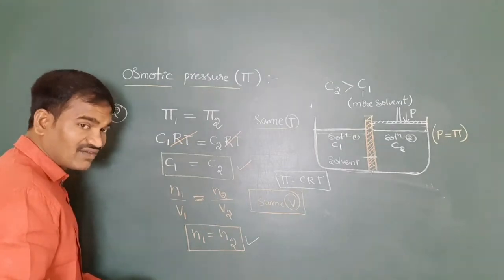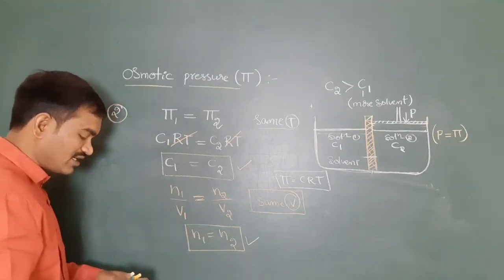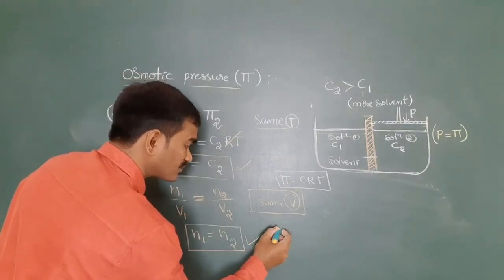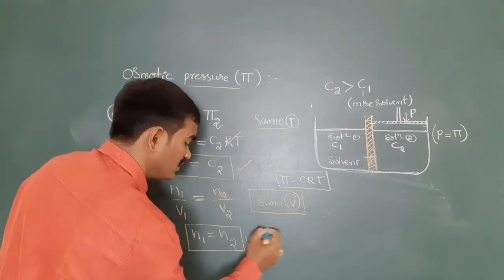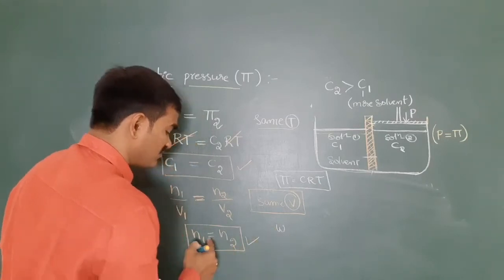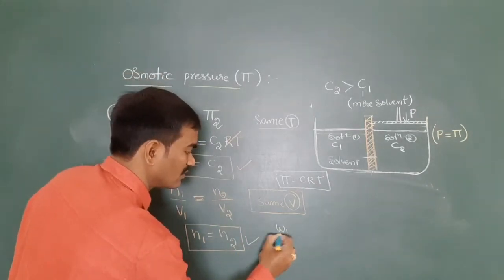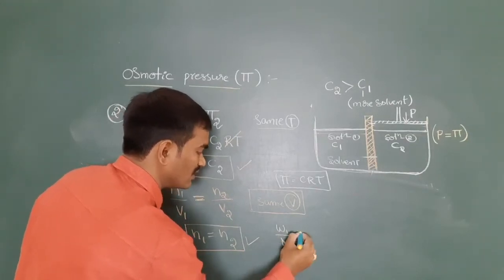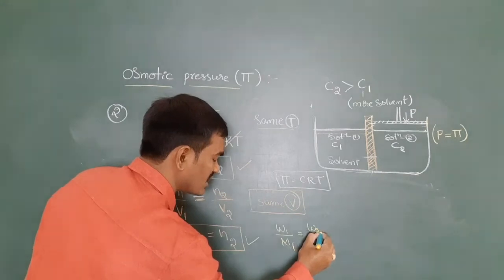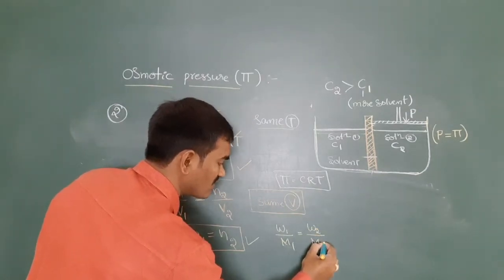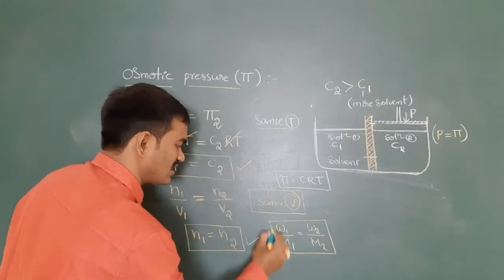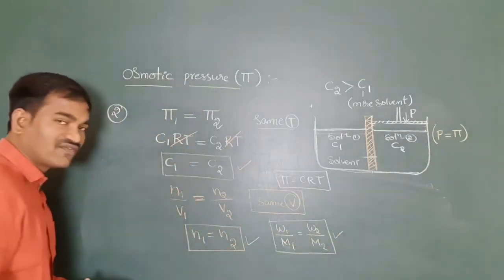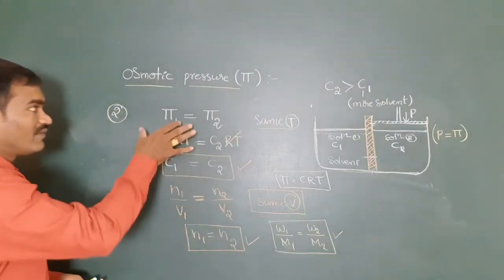N1 is equal to N2 means number of moles of solute, so weight of the first solution by gram molecular mass of the first solution equals weight of the second solution by gram molecular mass of the second solution. You can take it like this also. So these application related formulas we have to remember while solving isotonic solution problems.